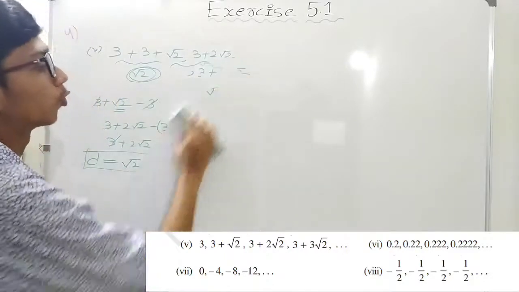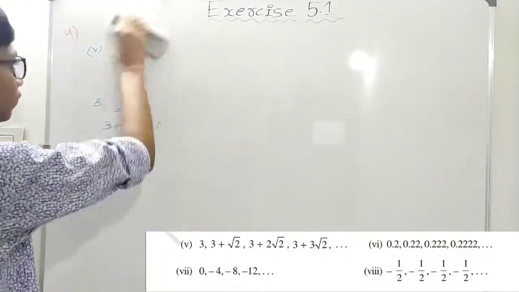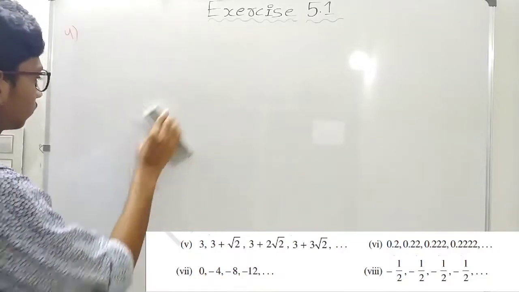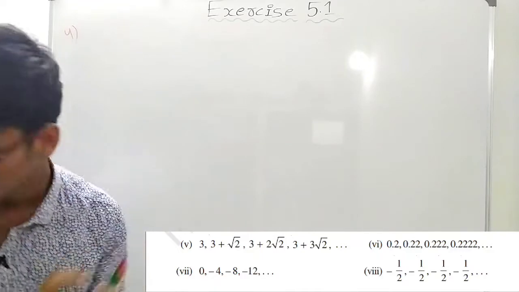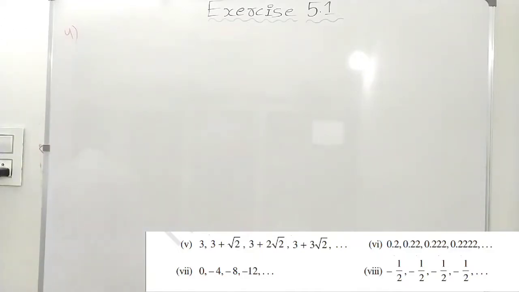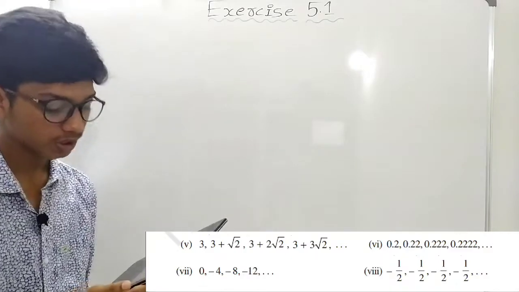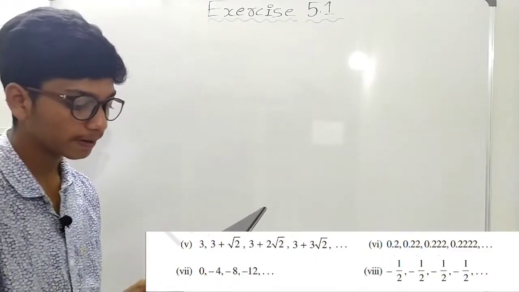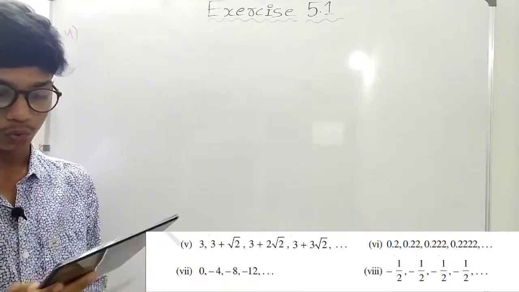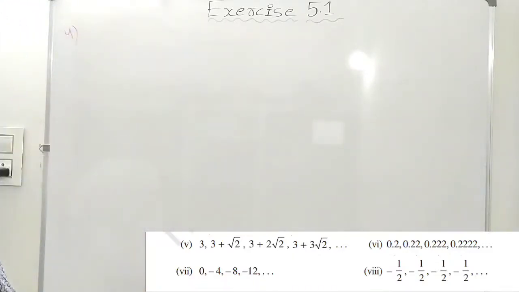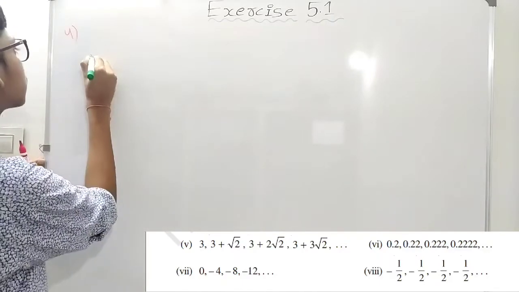Please open your notebooks. Let's do it together so that you can build your confidence. Funda is clear. We can do it together. And the next question is 0.2, 0.22, 0.222, 0.2222 and so on.